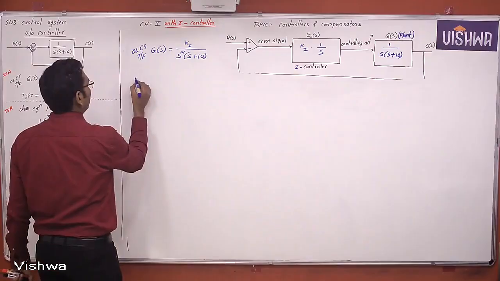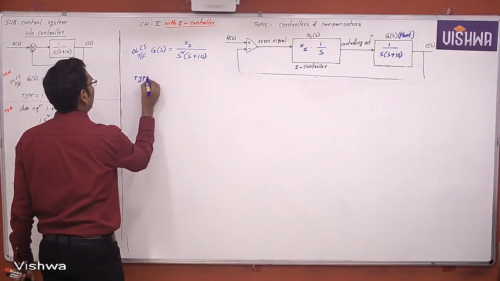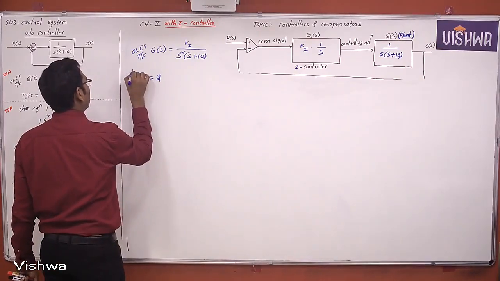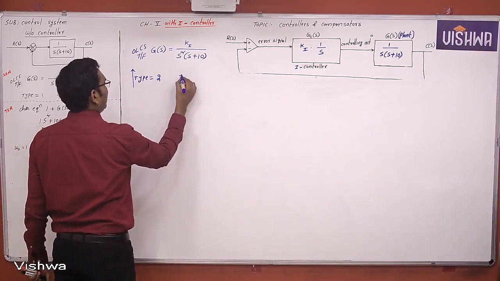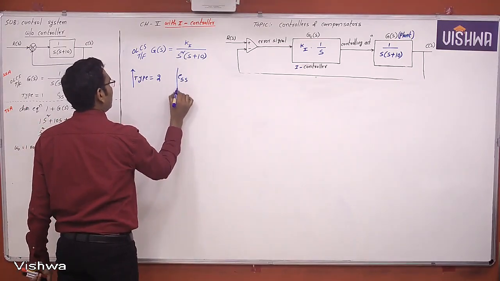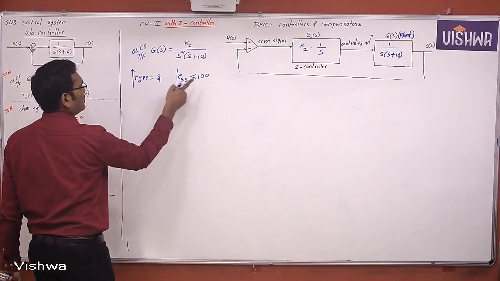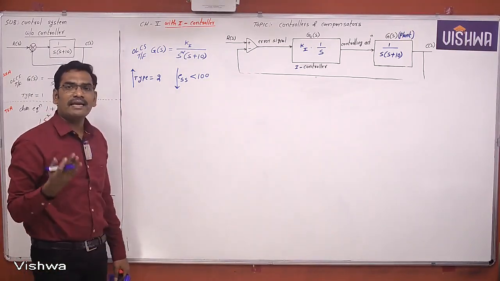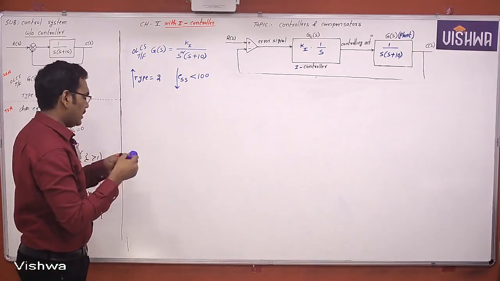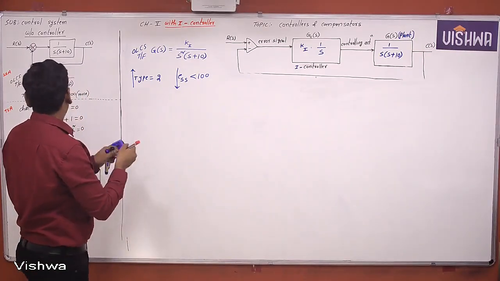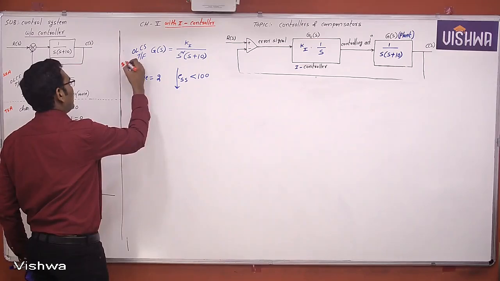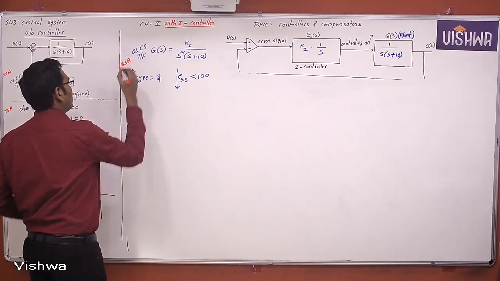If you observe here, what is the type? Now the type is increased. Type is 2. When type increases, you know that the steady state error decreases. This is the steady state behavior, because error analysis deals with steady state.